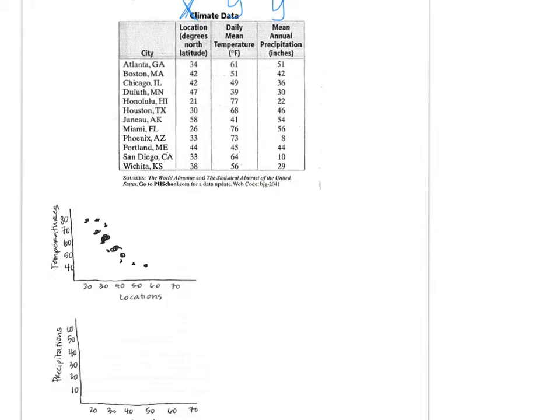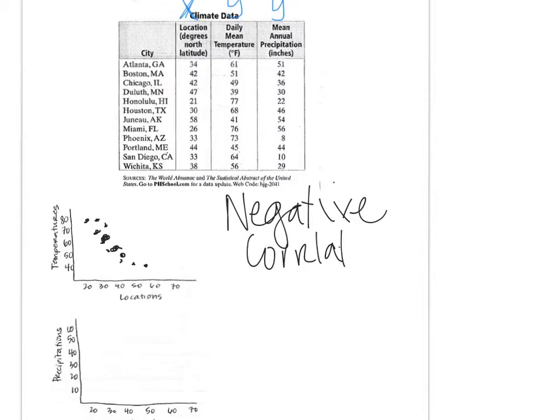Is there a positive correlation, a negative correlation, or no correlation at all? In fact, there is a negative correlation, which means there is a relationship of where a city is located and their daily average temperature.